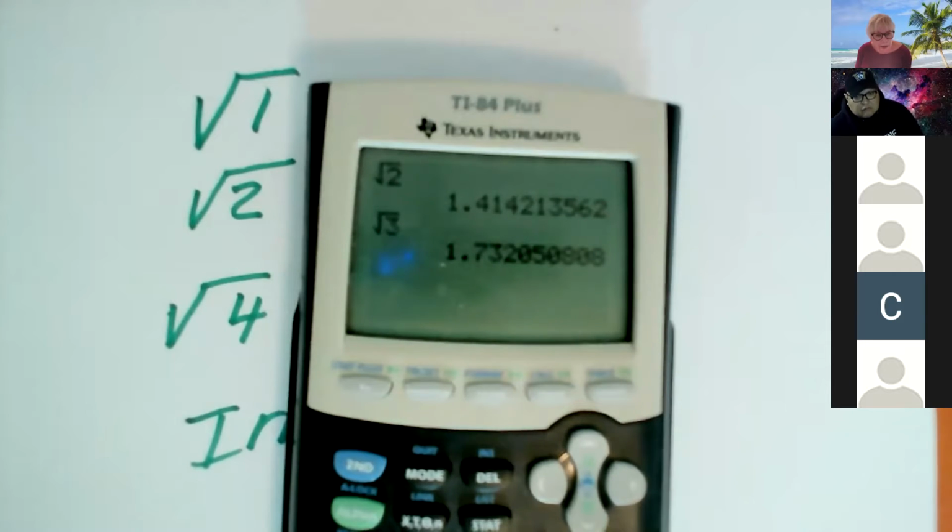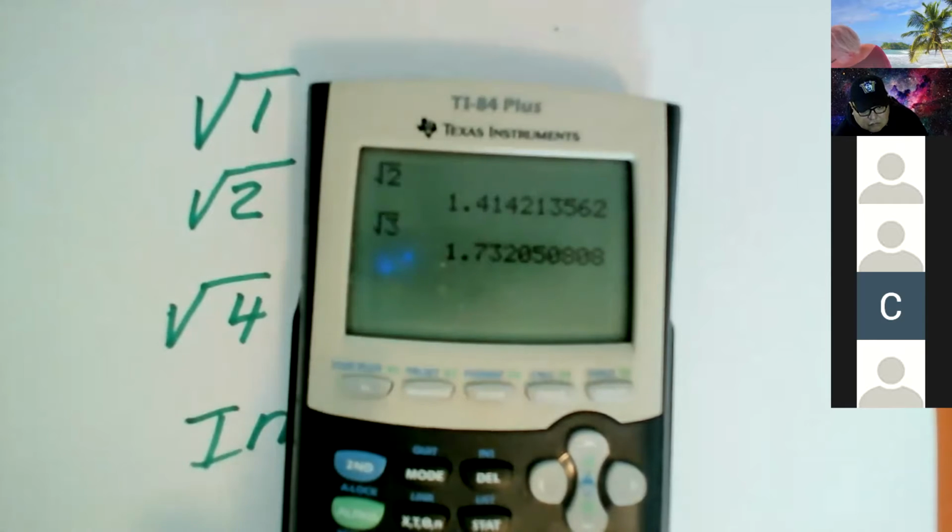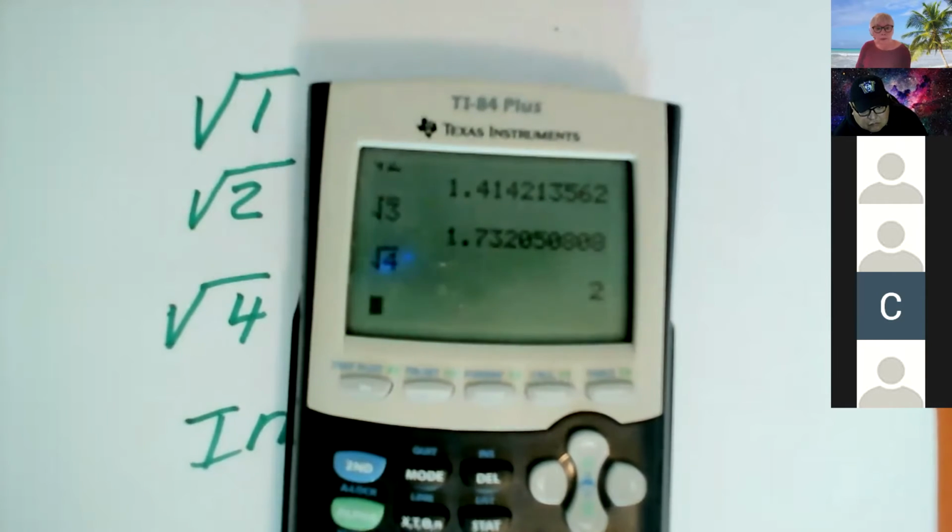There is no pattern, and there won't be a pattern to these. Whereas the square root of 4 is 2. Is pi an irrational number? Pi is irrational.